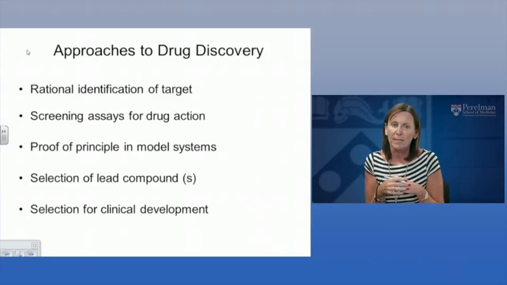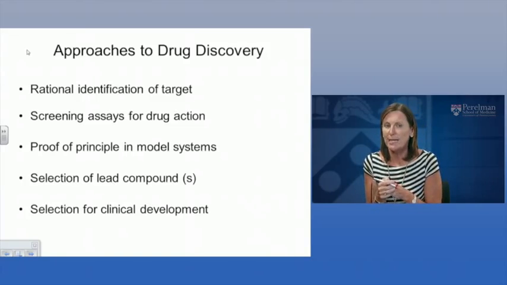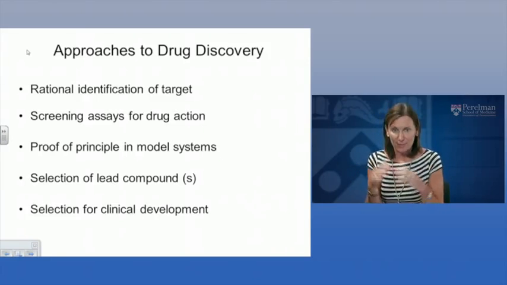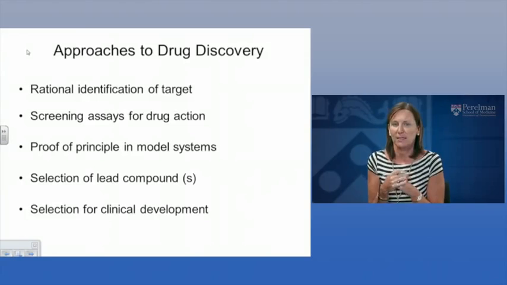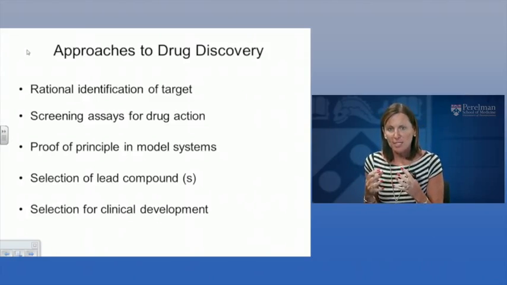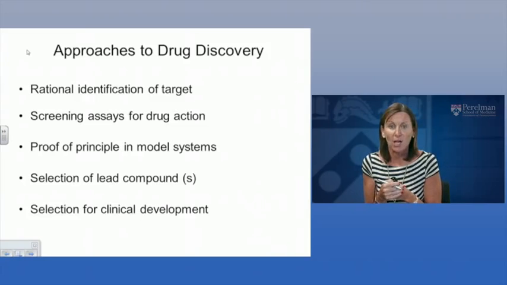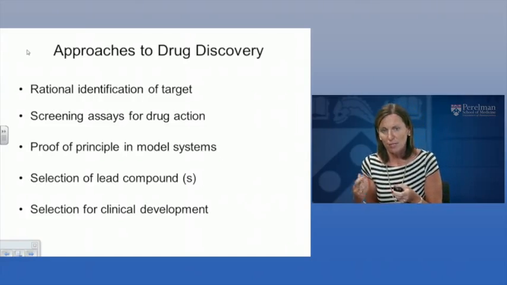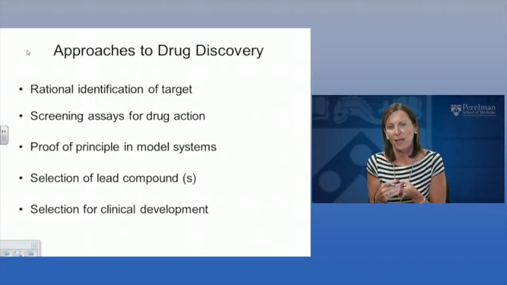We are eternally in pursuit of ways in which we can assess drug action outside of animals and outside of humans for obvious ethical reasons. So this concept of coming up with lead compounds for preclinical development is very important and actually also very exciting. And your ultimate goal is to be able to choose a molecule for future clinical development.